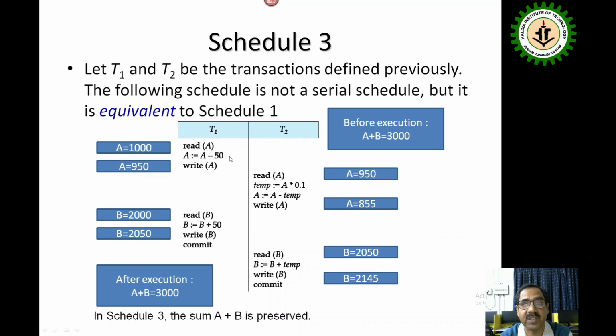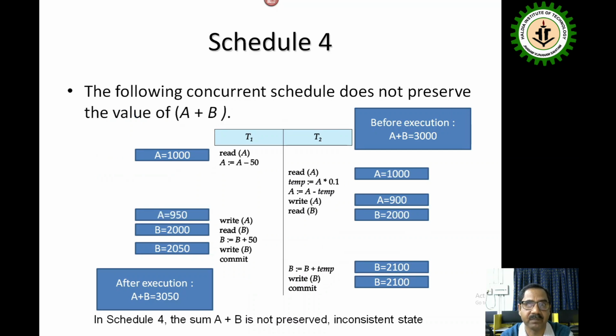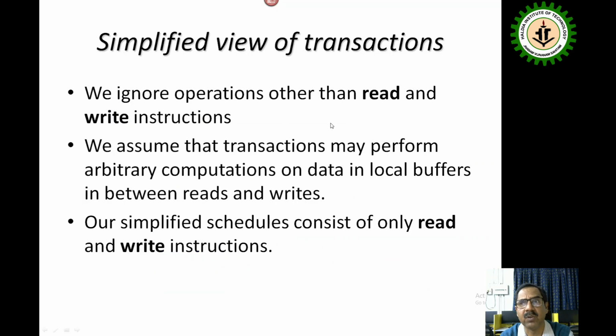But A equals A minus 50, temp equals A into 0.1, A equals A minus temp, B equals B plus 50, B equals B plus temp, these do not access the database. All these operations are executed in the RAM, in the local buffer. So that's why we only consider read operations or write operations.